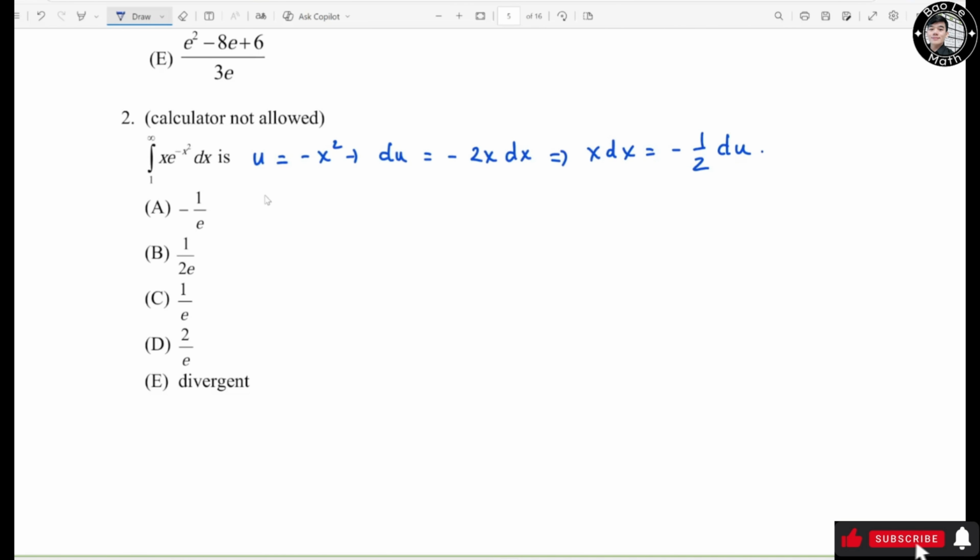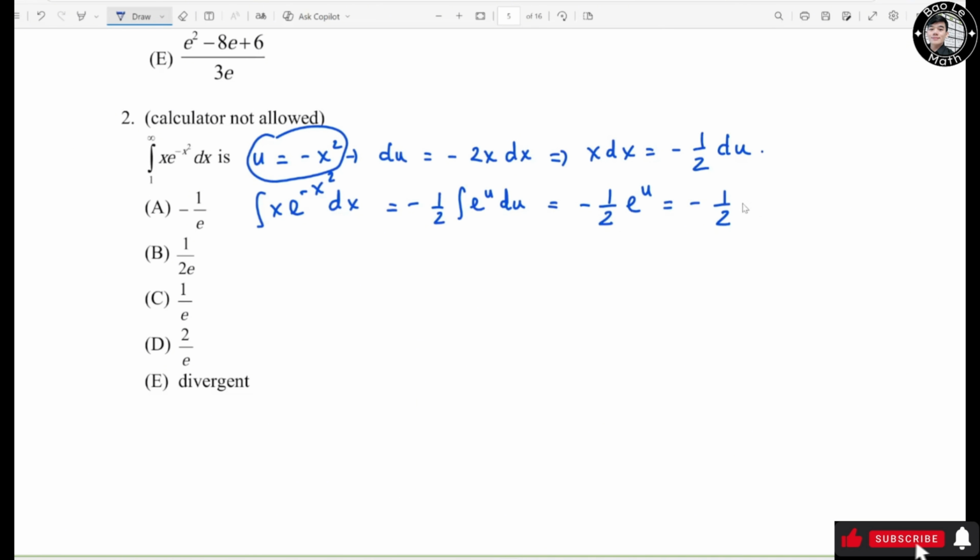So the antiderivative of s e to the negative s squared ds becomes negative 1 half antiderivative of e to the u du. So this becomes negative 1 over 2 e to the u. Substituting back for u, it will be negative 1 half e to the negative s squared.